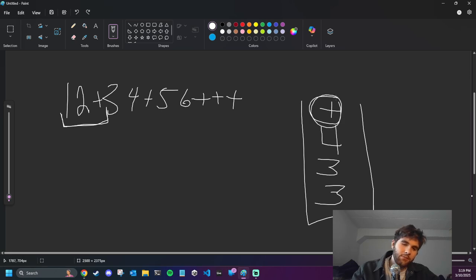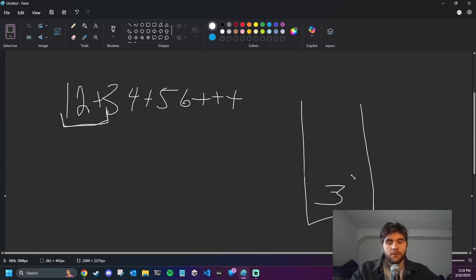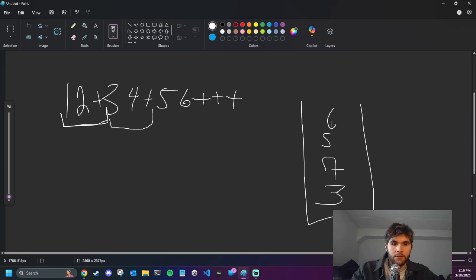So what does this plus mean? Do we just pop the 2 elements off the stack? And now do we say 7 goes here? And now we get 5, 6 plus. So then do we put 11 here? And now we get plus. So then we'll combine those into 18. And then we'll get plus.